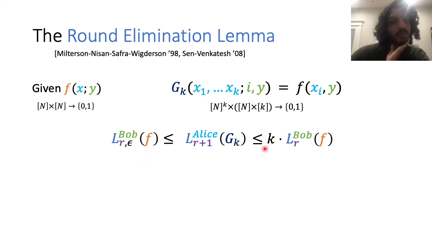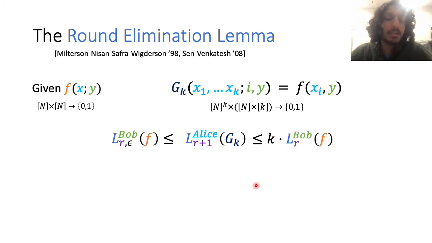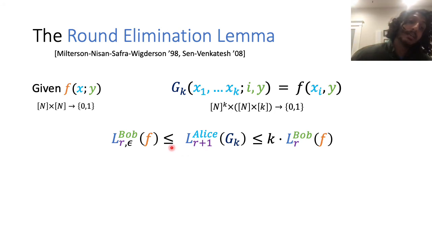In particular, it's upper bounded by the R round communication complexity of f up to some factor of k, and it's lower bounded by the R round communication complexity of f, except it is not deterministic communication complexity anymore. Now this is randomized communication complexity.